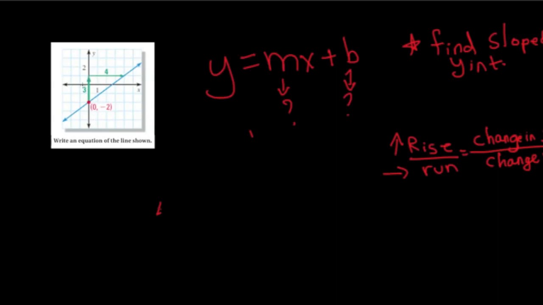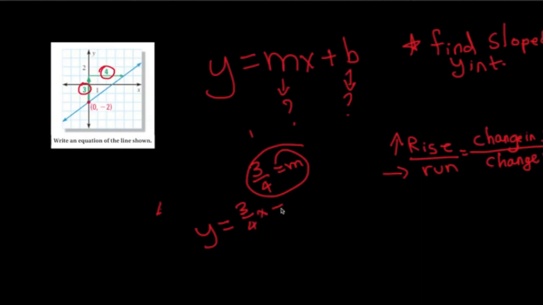We've gone 3 up and 4 across. So our rise is equal to 3 and our run is 4. So our slope is simply 3 over 4. So this is our m. We've finished half the problem already. So far the equation is y equals 3/4 of x plus b.